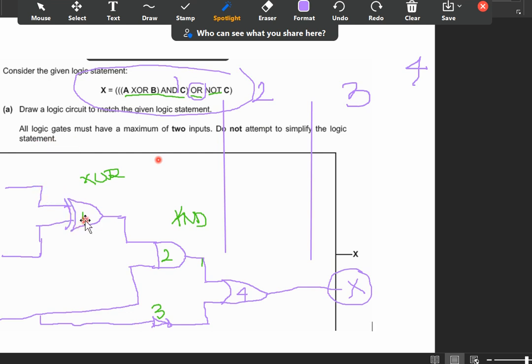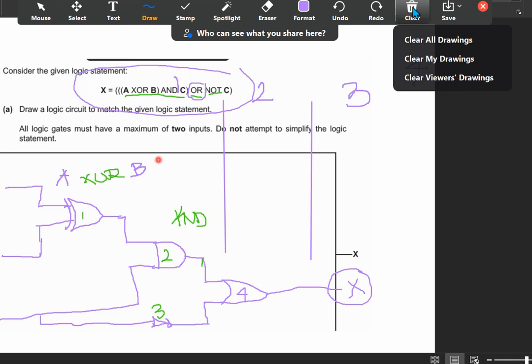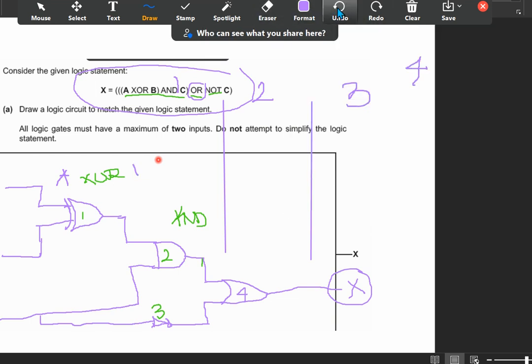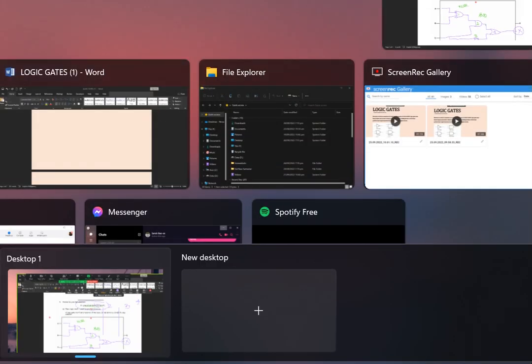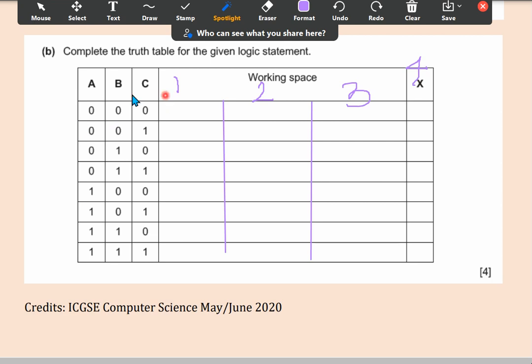It says we have the A XOR B. So for the A XOR B, we have to make use of the A and B. And for the A XOR B, we have to have like sign 0 and like sign 1.